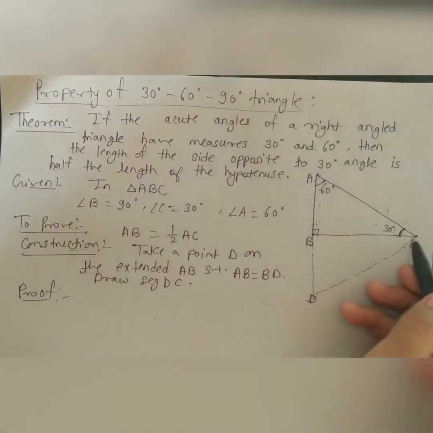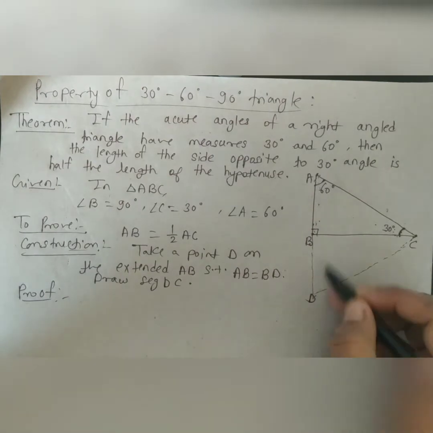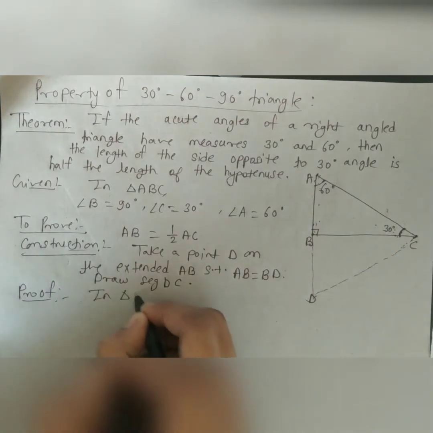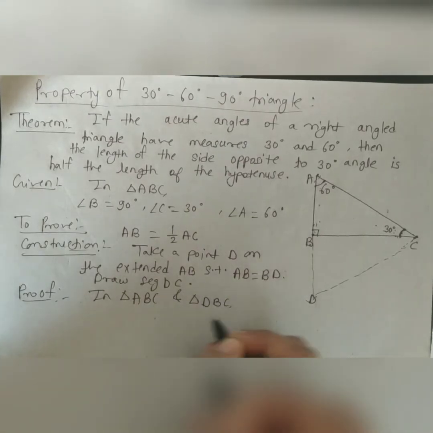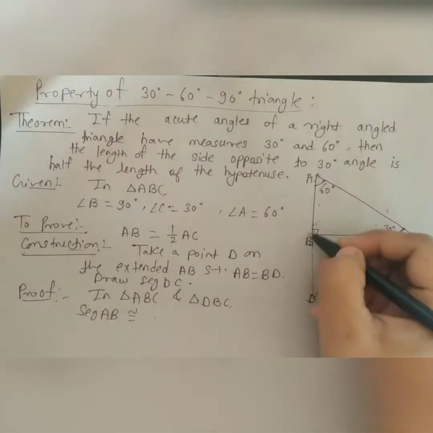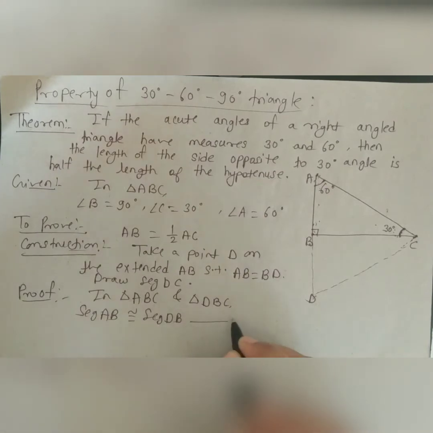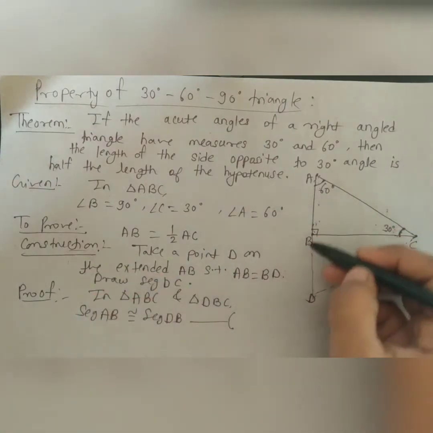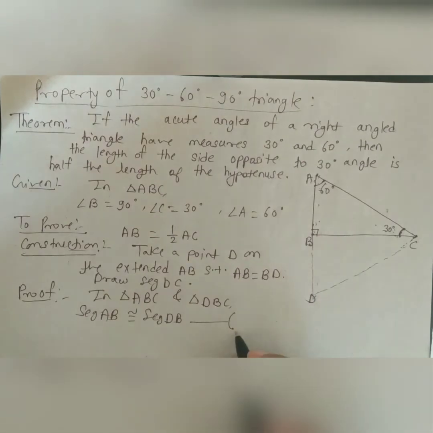In triangle ABC and triangle DBC, segment AB is congruent to segment BD, or DB. What is the reason? This is given, we have constructed AB equal to BD. This is our construction.